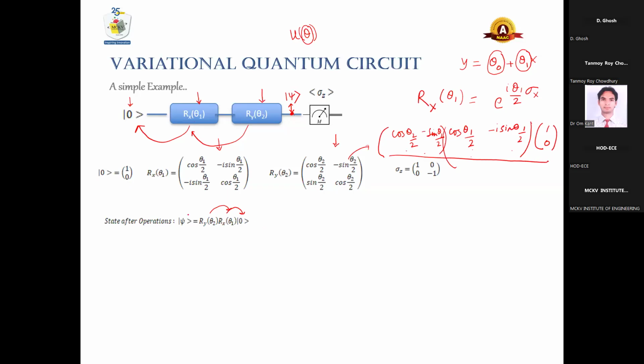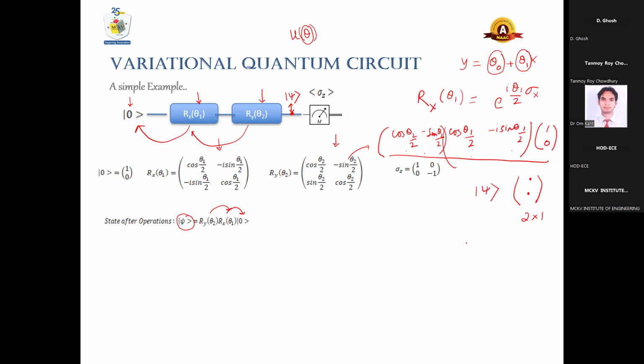So you will get psi, a 2 by 1, 2 cross 1 column matrix. This is what you will get for psi after multiplying.